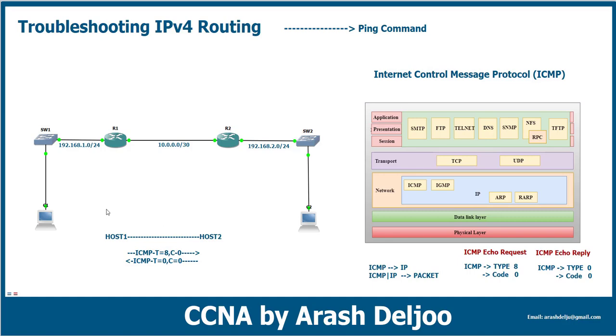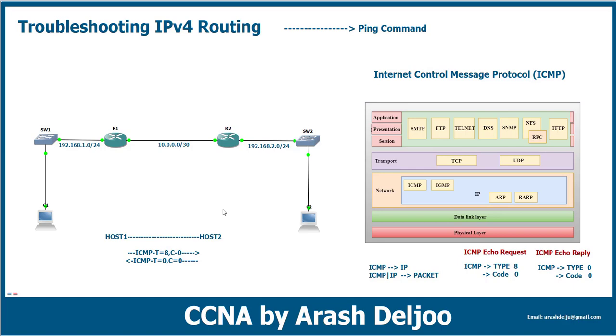For example, you can configure an HTTP client here and an HTTP server there, and try to receive an HTTP web page from host 2. This is difficult without any extra application or configuration.